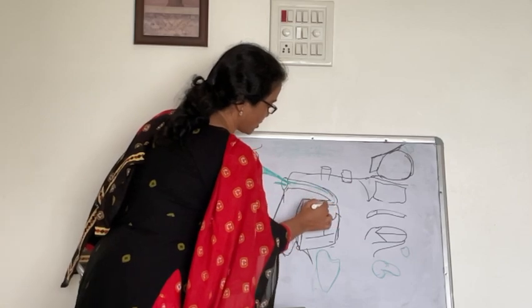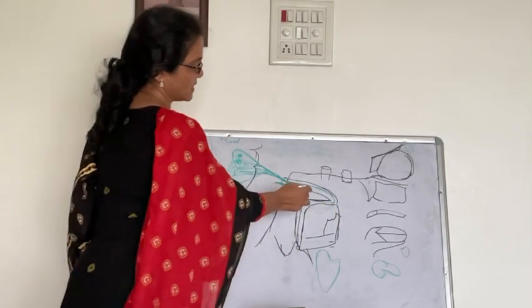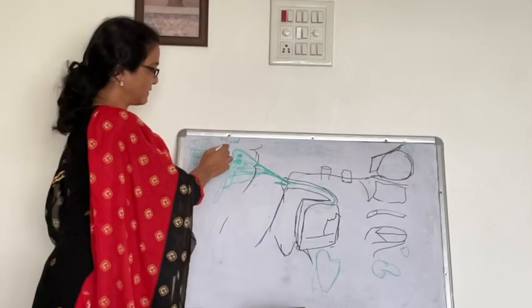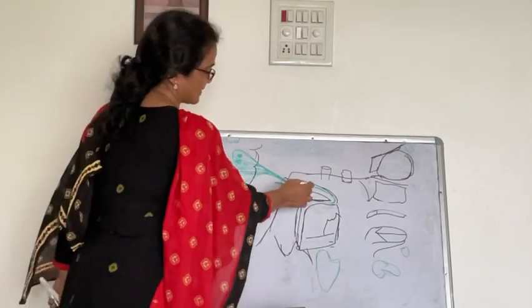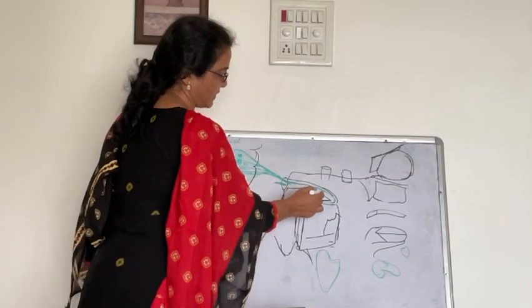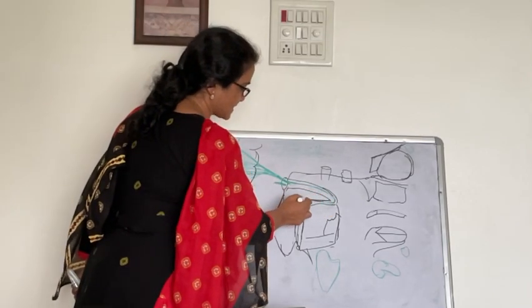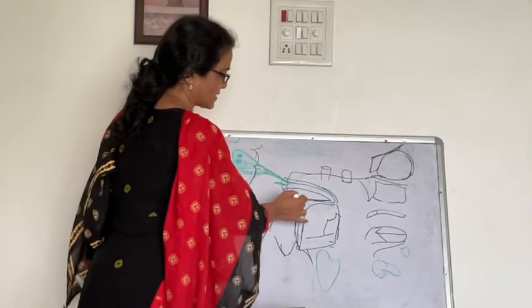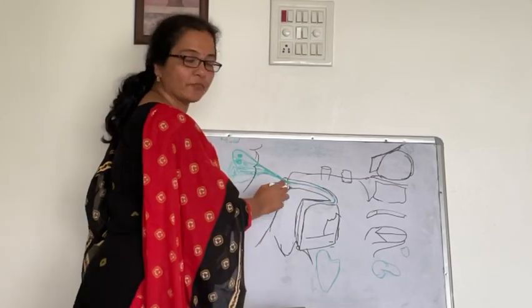This canal is also called the fallopian canal. So this is the external genu of the facial nerve. This is the internal genu, which is present in the brainstem, and this one is the external genu. Then it traverses the middle ear cavity along the medial wall, that is the horizontal part of the fallopian canal or facial canal.